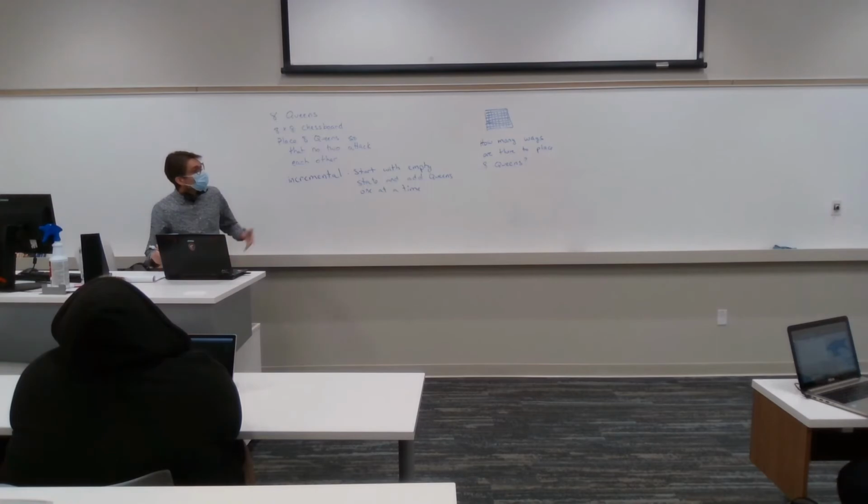We could think of it as just placing 8 queens: 64 choose 8 ways to place 8 queens, right? There's 64 squares, choose 8. The order that you chose them doesn't matter. It's that particular square that you've chosen. That's a lot, right? 64 choose 8 is a really, really big number.